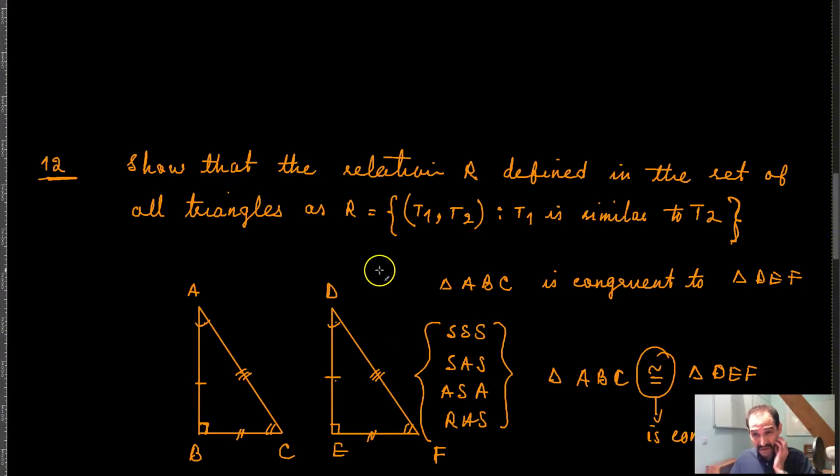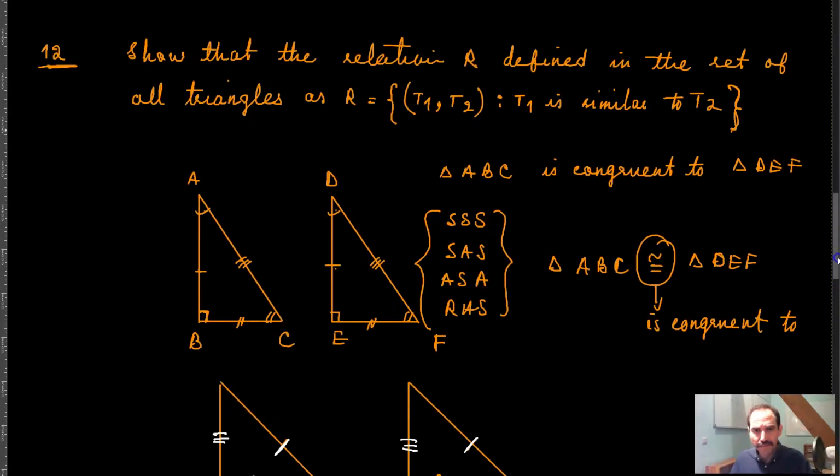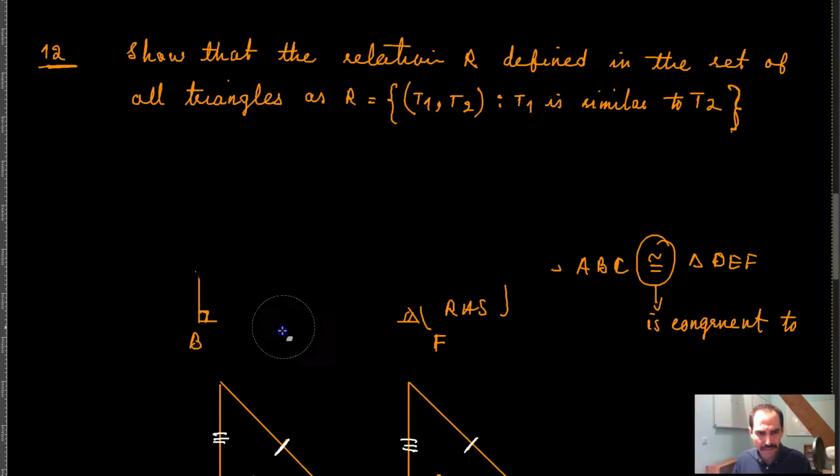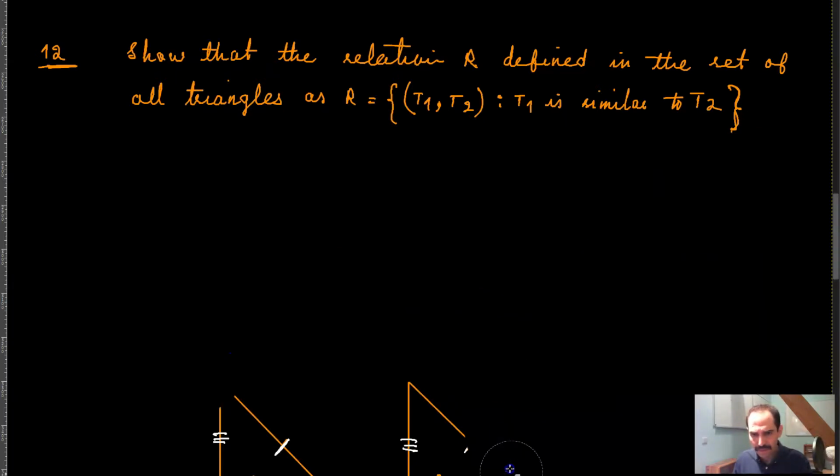Okay, so let's see, the question was: show that the relation R defined in the set of all triangles as R is equal to all the ordered pairs T1, T2 such that T1 is similar to T2.